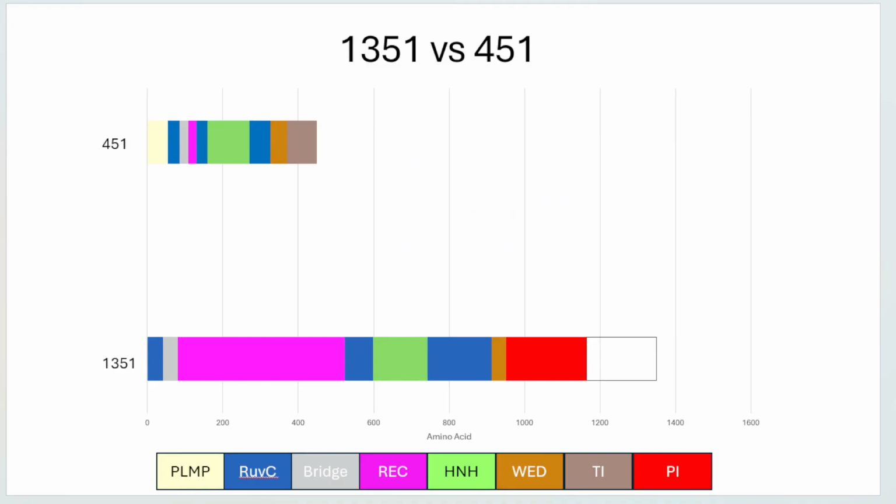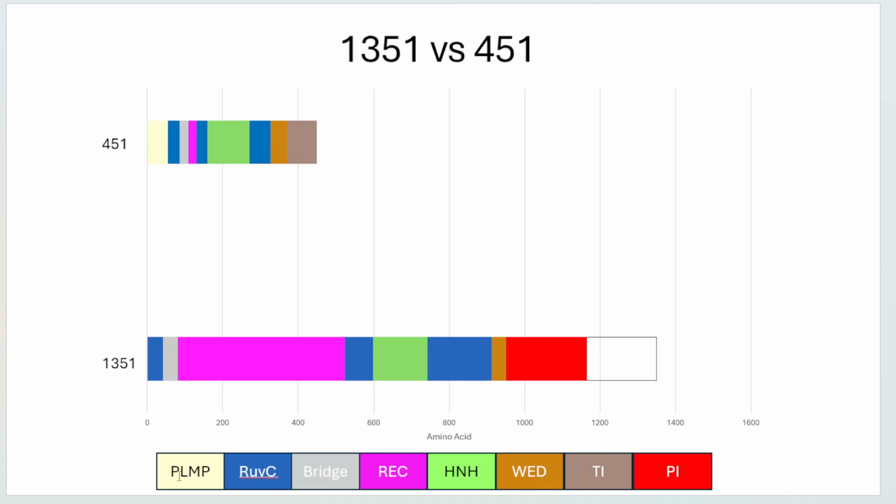So, a quick comparison. You can see how the rec domain of 1351 is substantially larger than the rec domain of 451. In fact, I would hazard to even call 451's rec domain a rec domain. I think in some cases they just call it the linker domain because it's so small and insignificant. It's just kind of there. That's for another reason, but we won't go over that today.